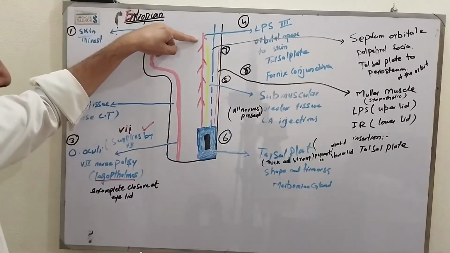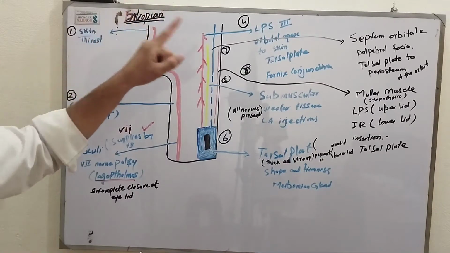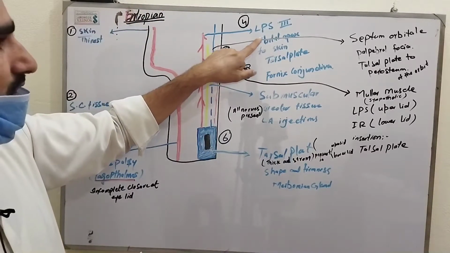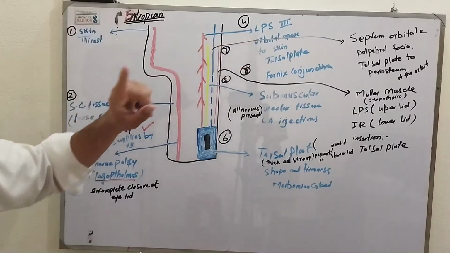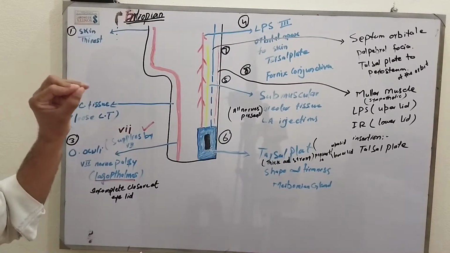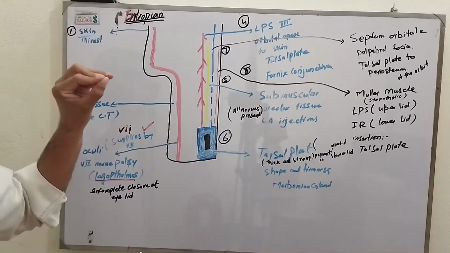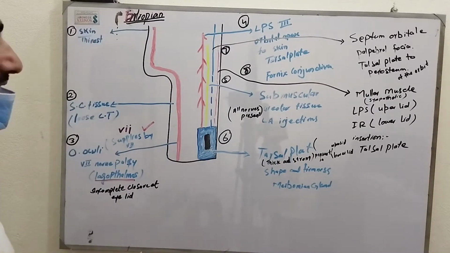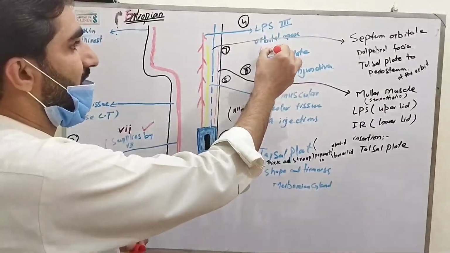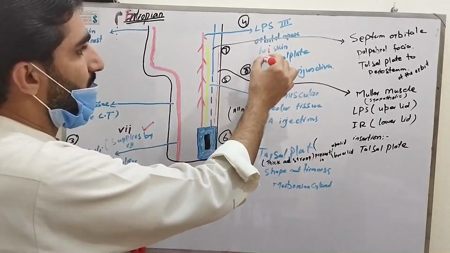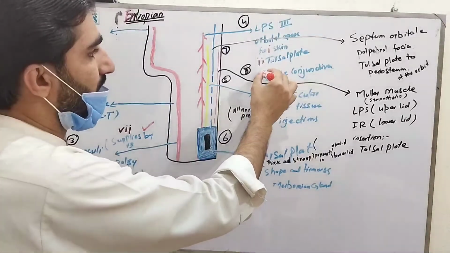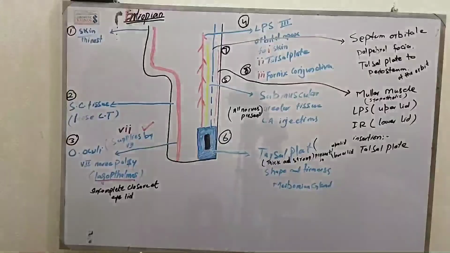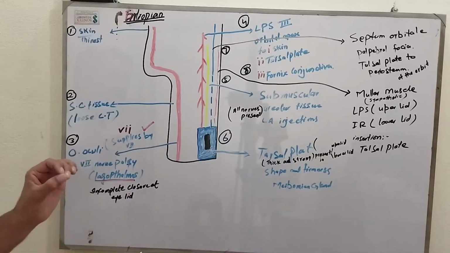It originates from the orbital apex and inserts into 3 structures. Number 1 is skin, number 2 is tarsal plate, number 3 is fornix conjunctiva.